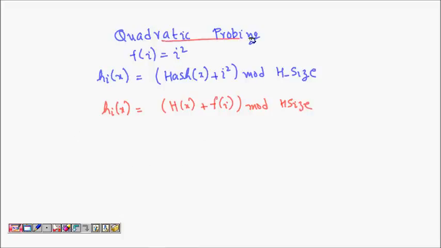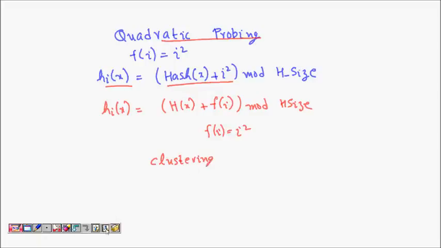For quadratic probing, we probe to find the next empty cell where I can put the element. So f(i) is equal to i squared, and hence h_i(x) becomes hash of x plus i squared. We use i squared because linear probing had a problem of clustering.